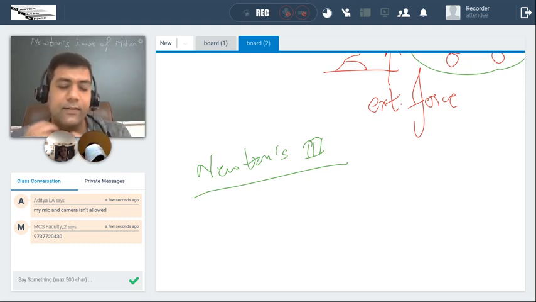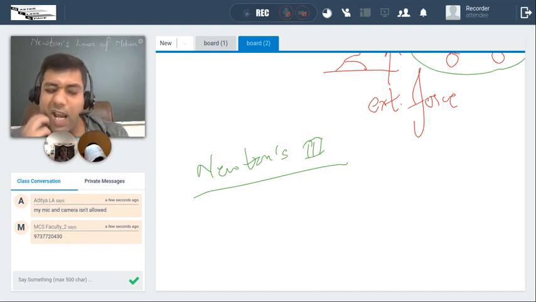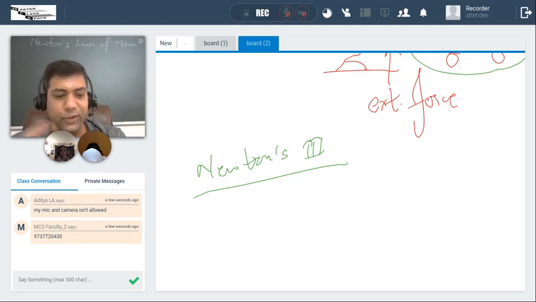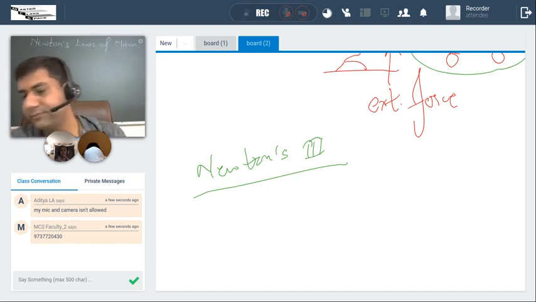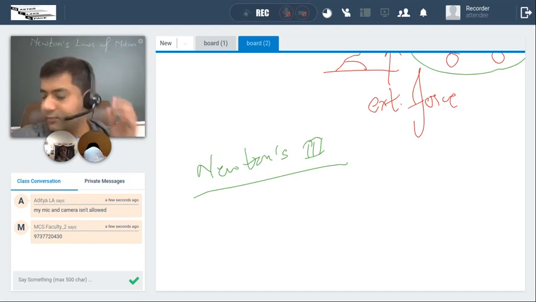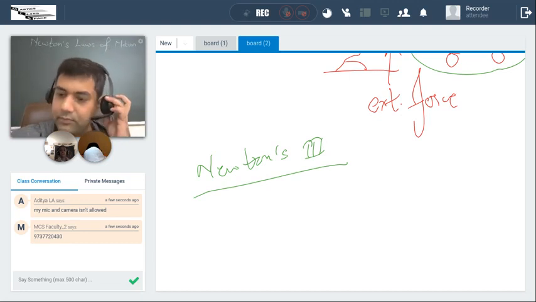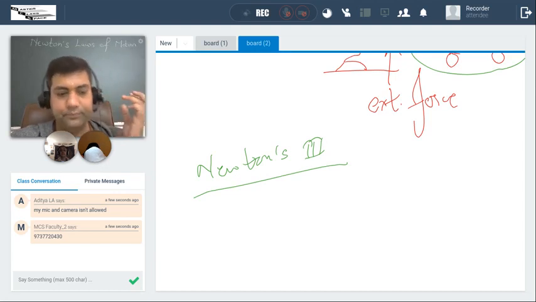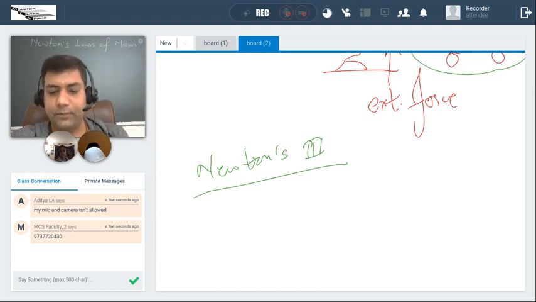If your hand puts a force on the board, then the equal and opposite reaction has to come back on your hand. Yeah. Okay. Perfect.